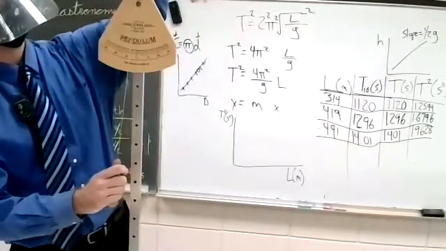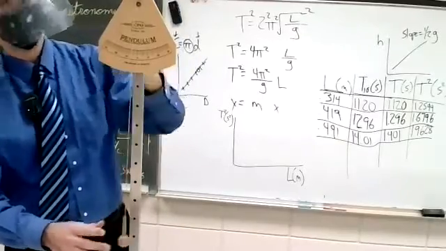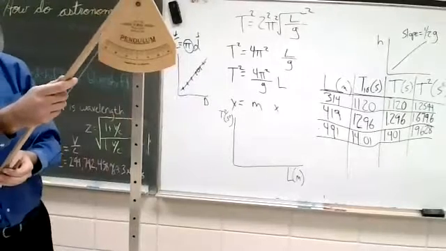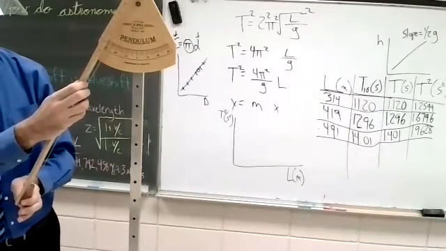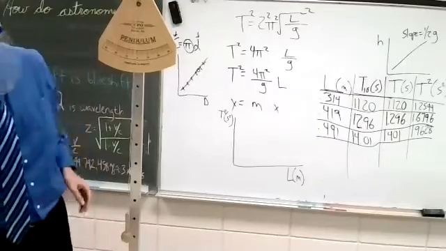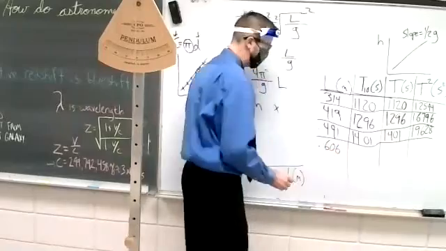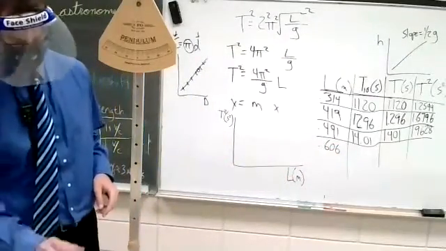Let's vary this independent variable a bit. 60.6, so that's 0.606 meters.